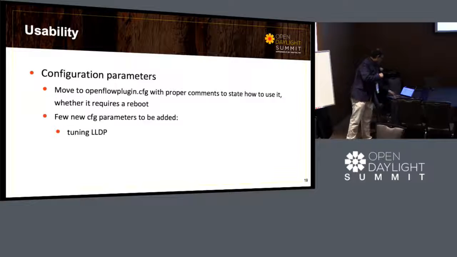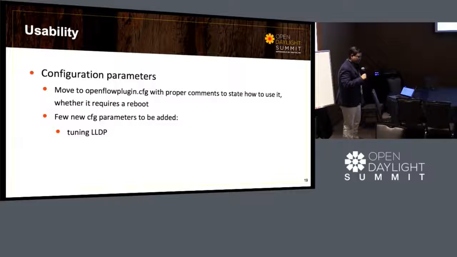The usability part, yeah. So this is one interesting part, because for the past two DDFs we have had various questions on the usability of the plugin. One of the things that came along in Boron was the blueprint migration, but one of the things that we faced was, if we modify or reconfigure something from the REST, the container restarts.